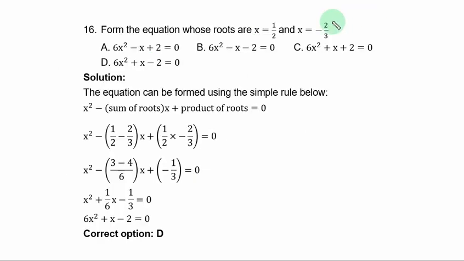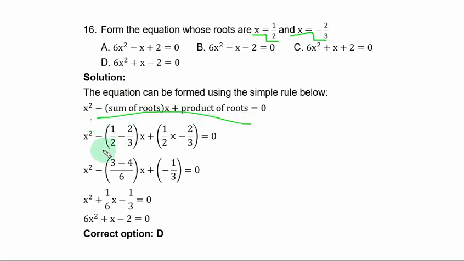Question 16. Form the equation whose roots are s equal to 1/2 and s equal to -2/3. Such an equation is quadratic, and you can use this simple rule to get it.